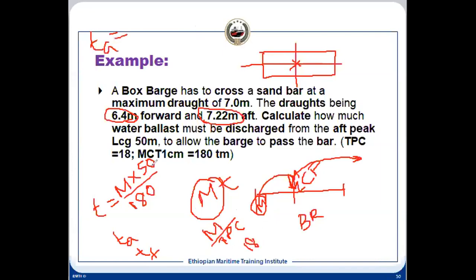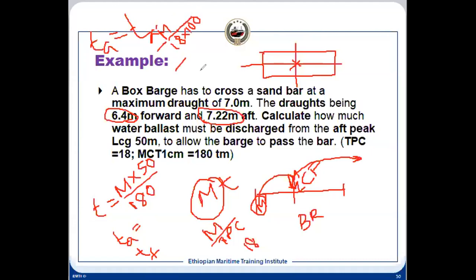It will be the initial draft, that is 7.22, minus M divided by 18 multiplied by 100, because it was in centimeter.